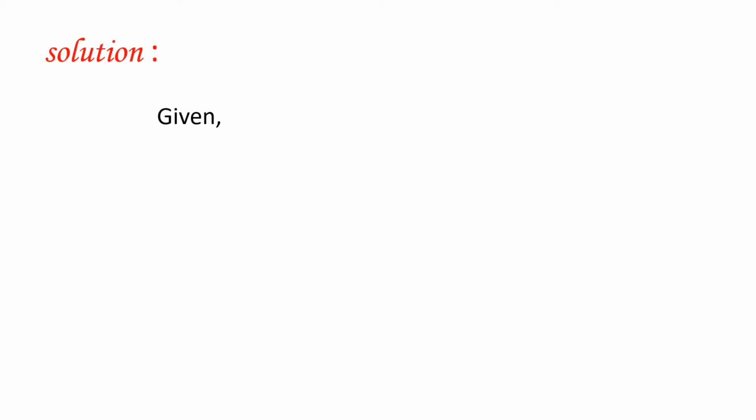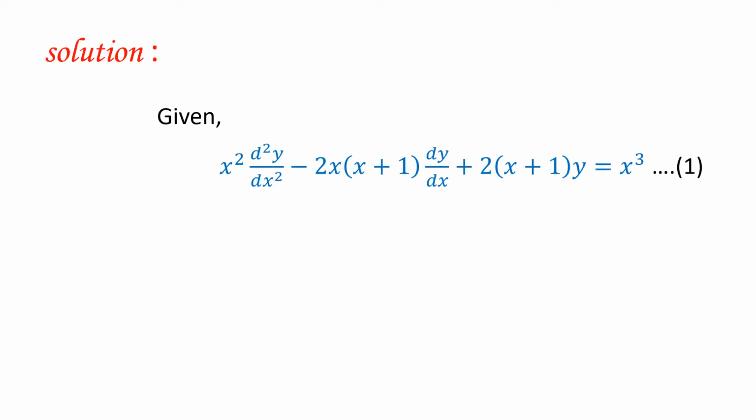So we shall consider the given equation x square d square y by dx square minus 2x into x plus 1 into dy by dx plus 2 into x plus 1 y is equal to x cube. Call this equation 1. Now please observe that this is not in the standard form because the coefficient of d square y by dx square is x square.